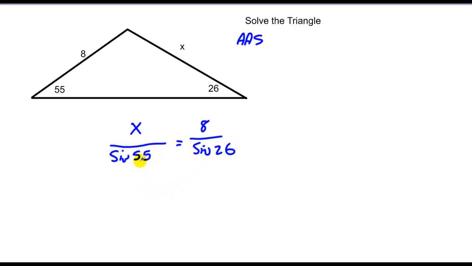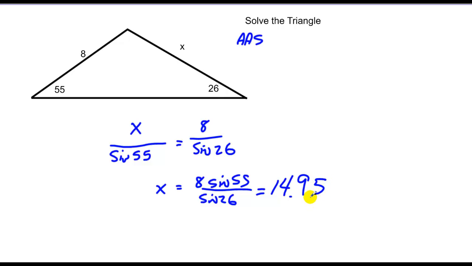And then all I have to do is multiply by sine of 55, so I have 8 sine 55 over the sine of 26, and that's going to equal x. And remember, once again, we want to be in degree mode, so we get roughly 14.95 as our value for x.